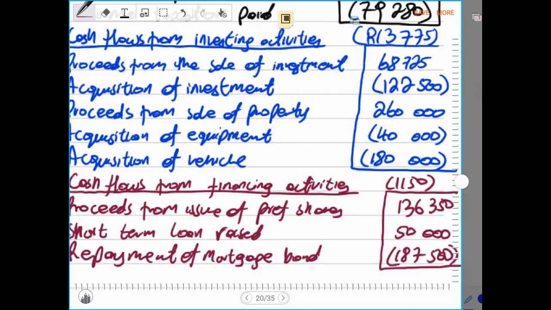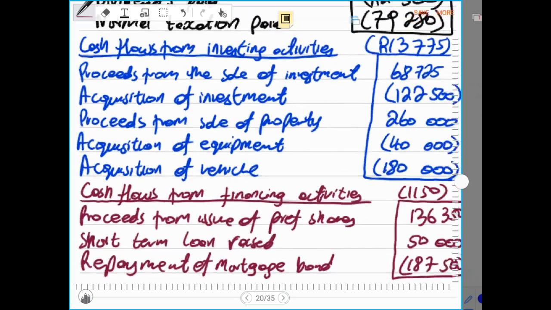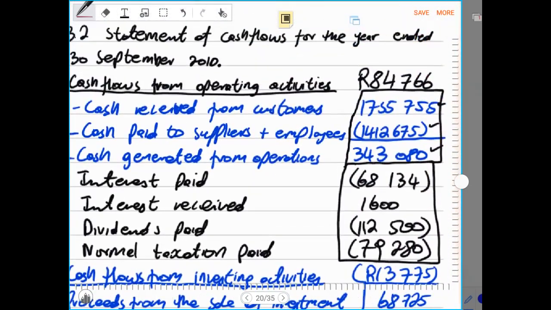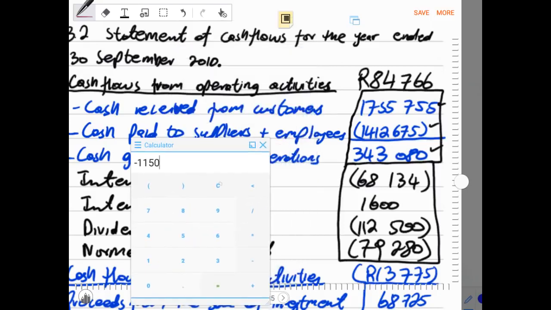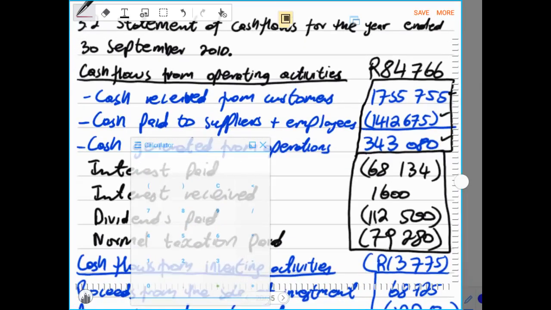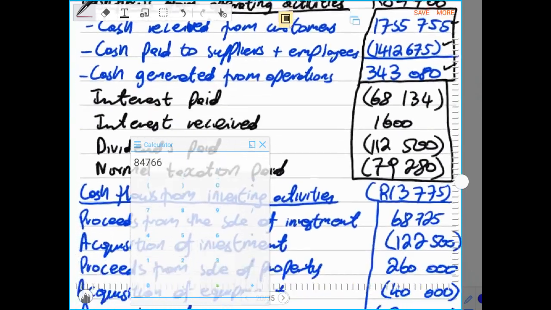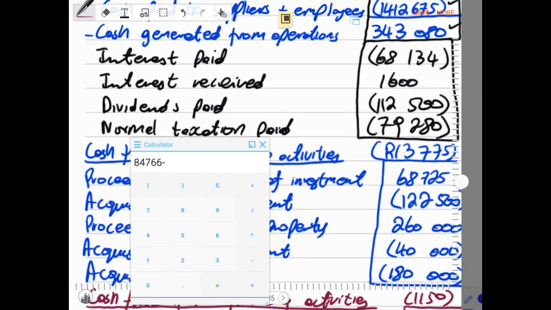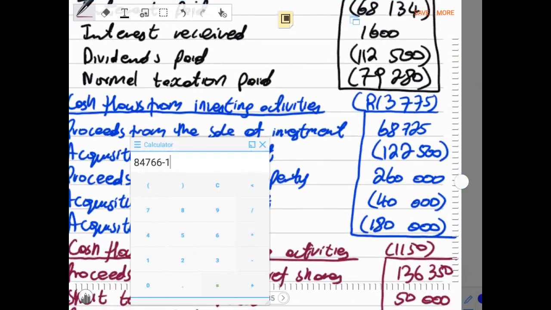So now let us calculate the net increase or decrease. We say cash flow from operating activities, the total, which was 84,766. We say minus cash flow from investing activities because it was negative 13,775.